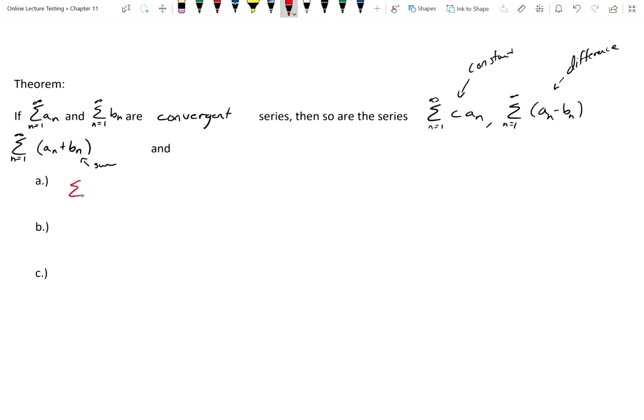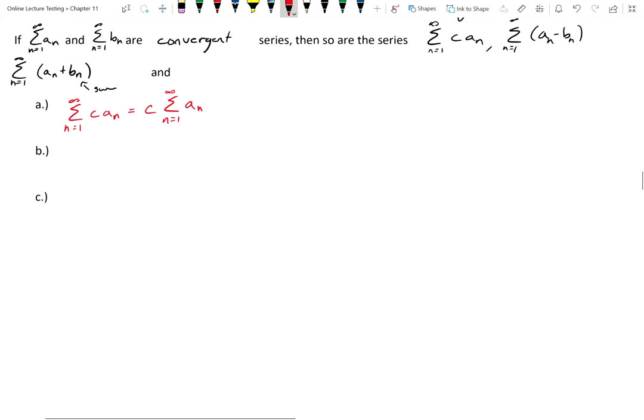That the series, as n goes from 1 to infinity, of c a sub n is equal to c times the summation as n goes from 1 to infinity of a sub n. Meaning this is very similar to what we dealt with limits, derivatives, and integrals. We are able to pull out the constant multiple, so this allows us to simplify things a little bit. All right.